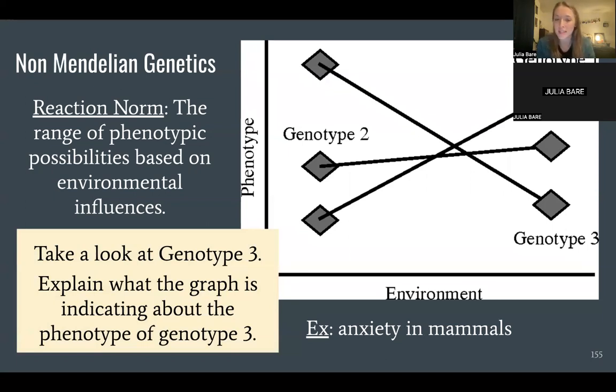So let's use this as an example, right? If we're looking at genotype number 3, so I'm going to circle this genotype, okay? It's the same phenotype, and we're looking at the expression of this phenotype given an environment, right? So what is genotype number 3 indicating about the phenotype?